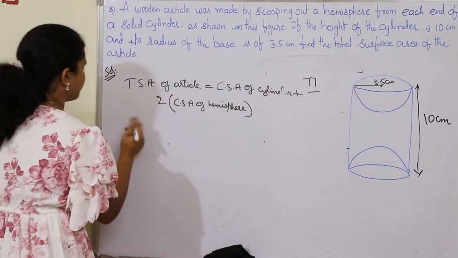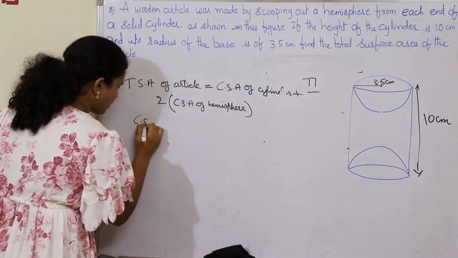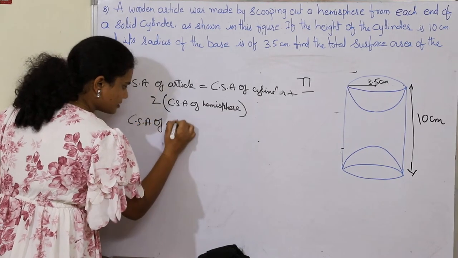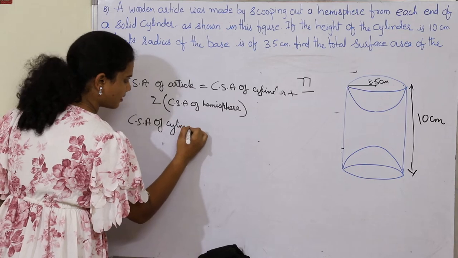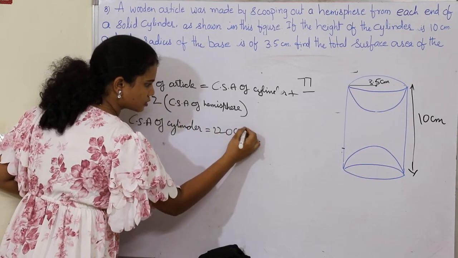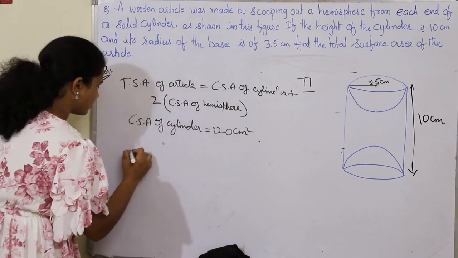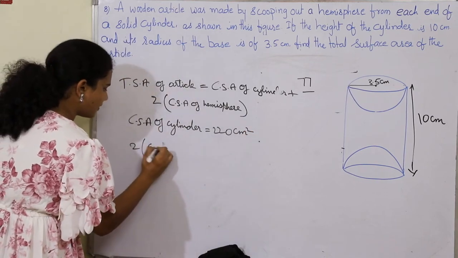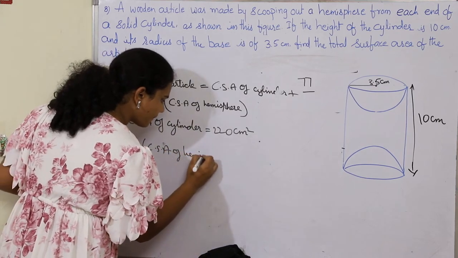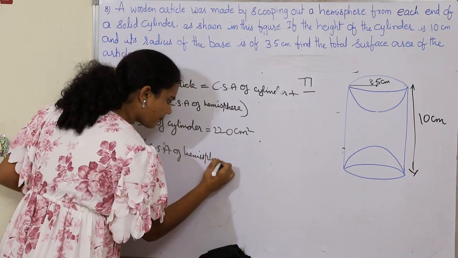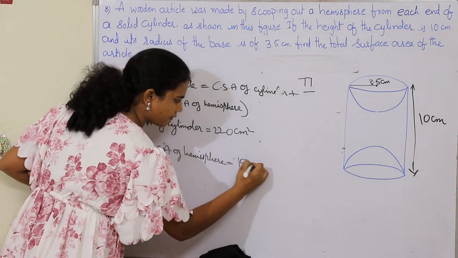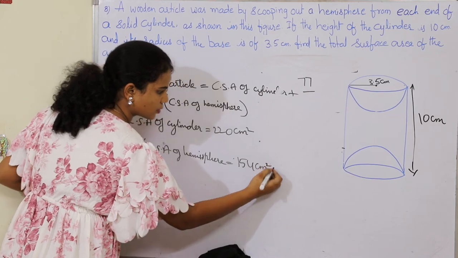So I got what? The CSA, curved surface area of cylinder, equals 220 centimeters square, and 2 into curved surface area of hemisphere equals 154 centimeter square, right?